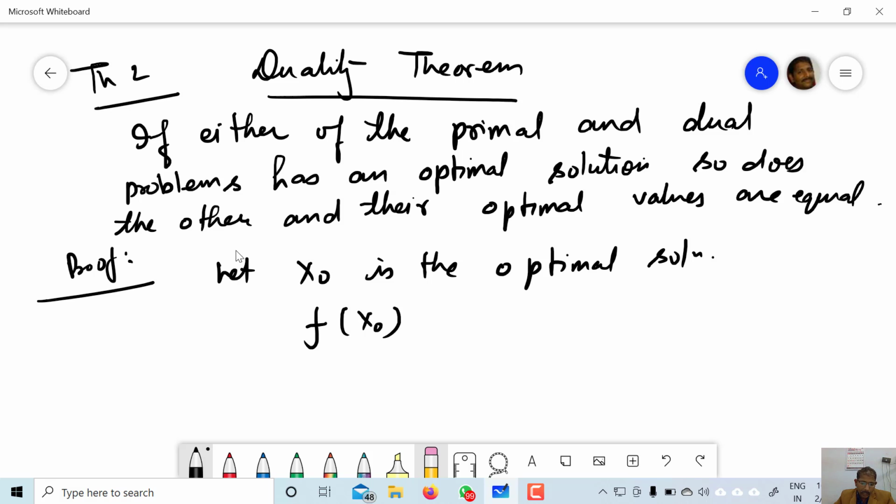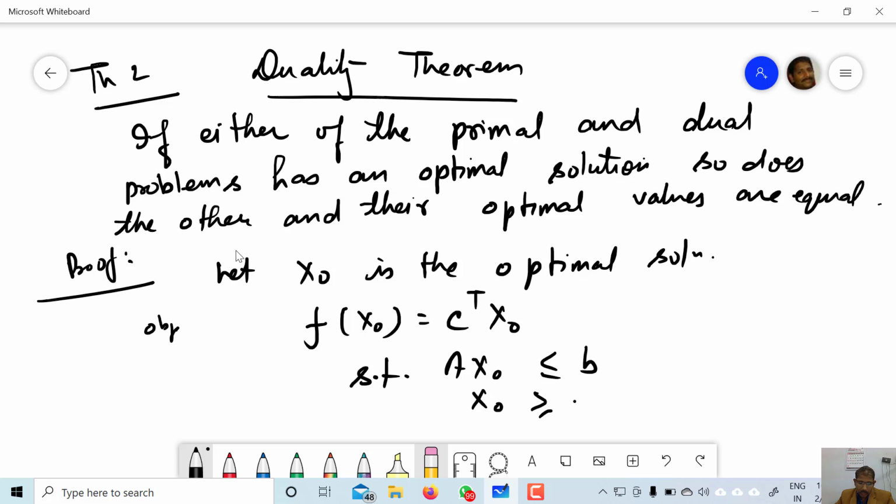So we can write f(x) = C^T x, as I have already written, as the primal problem, subject to A x0 less than or equal to b and x0 greater than or equal to 0. In a linear program there are two things: this is the objective function, and this is the constraint.